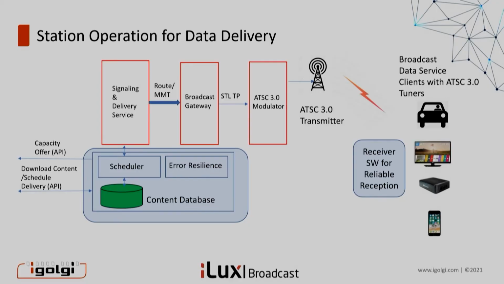So there are three total components that need to come into play. The cloud providers that run the marketplace to match up content owners to the end receivers. Then at the station level, you need scheduling mechanisms. And finally, in the receiver, you need software that will reliably receive all the content.